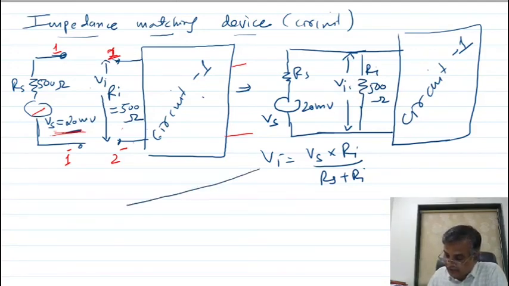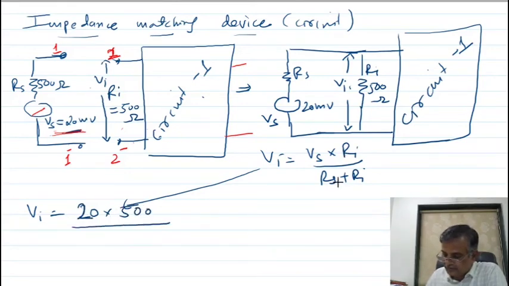Vi is equal to, what is Vs? 20 millivolt. What is Ri? 500. Rs plus Ri is 500 plus 500, which becomes 1000. So you will get nearly 10 millivolt.